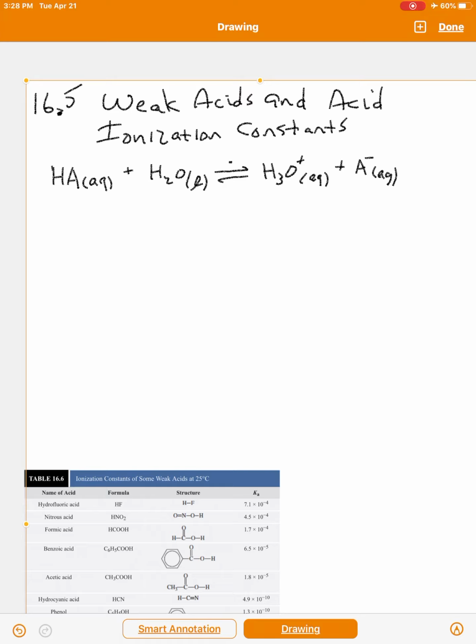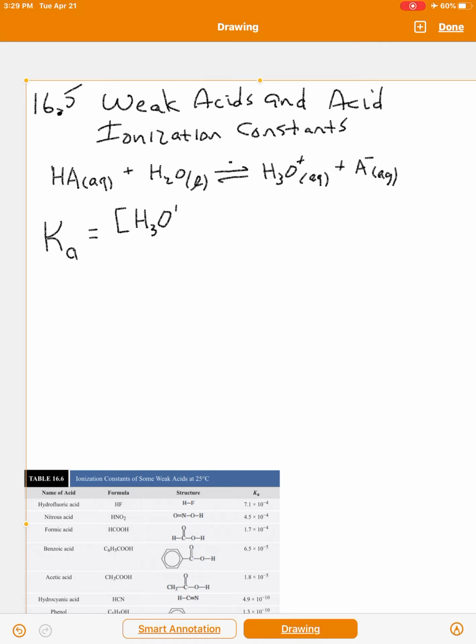So if this is the case, then we'll define something called the acid ionization constant. It's an equilibrium constant, just like any other equilibrium constant. But we'll use a subscript A to indicate that this is the acid ionization constant. And it is the concentrations of the products multiplied together.